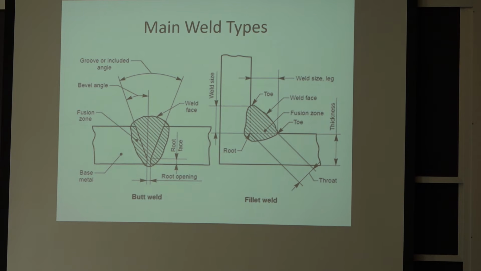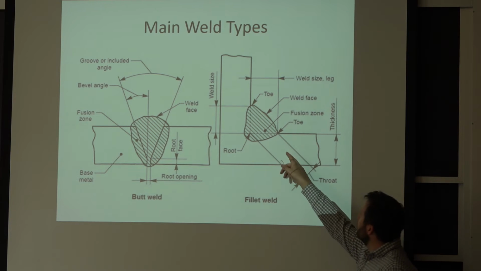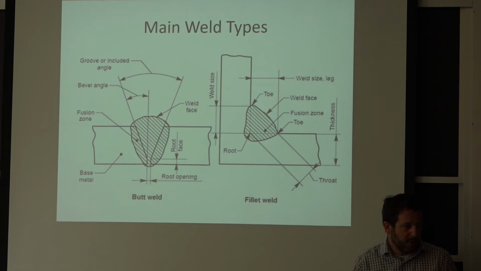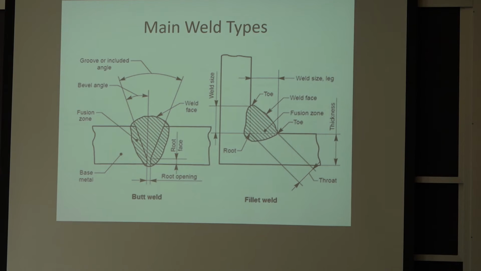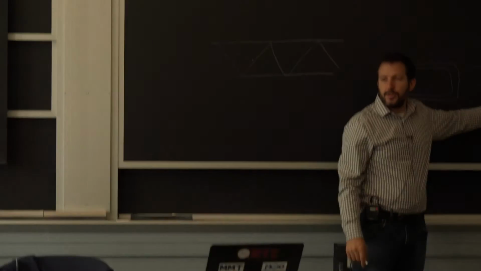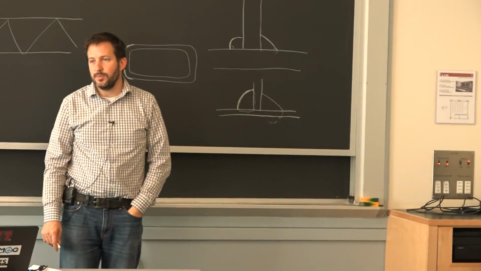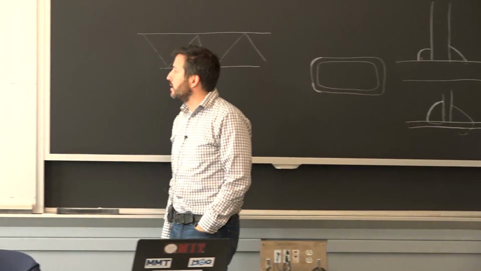So the reason for that backup bar that we saw in the exemplar is to improve that root, so it is not a crack-like feature. The toe here is what we can see when we inspect and look for those angles, a sign of having fusion, not too much fusion, those types of conditions. So it's very useful for that.